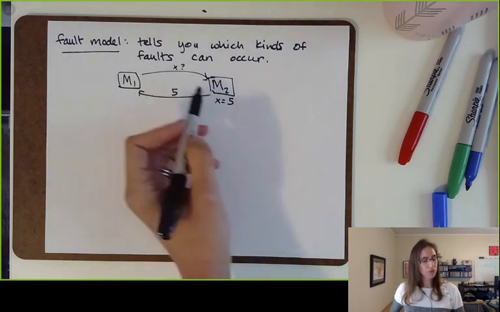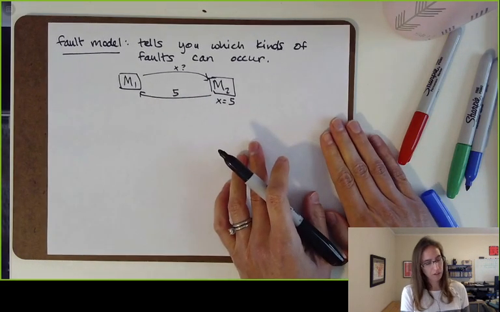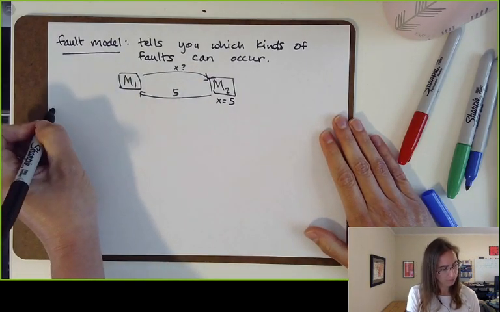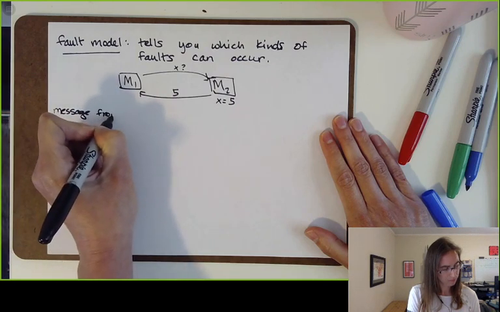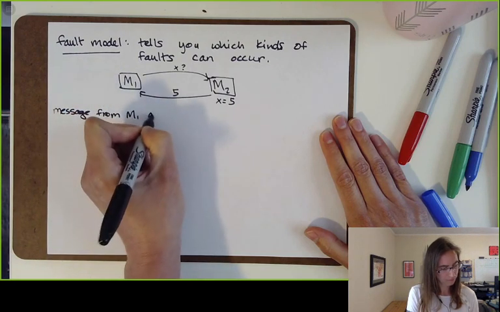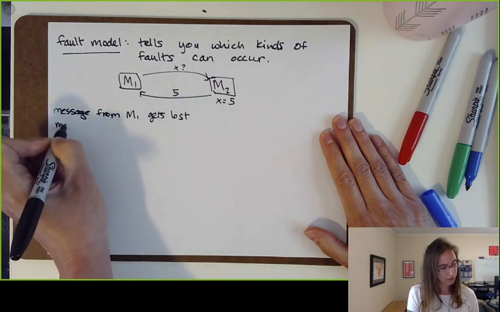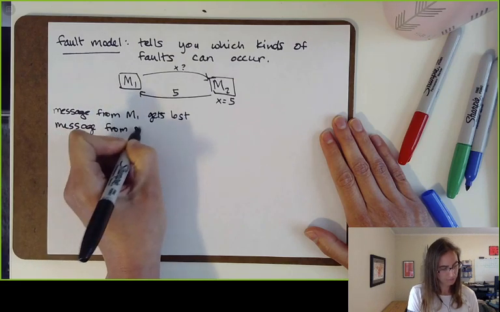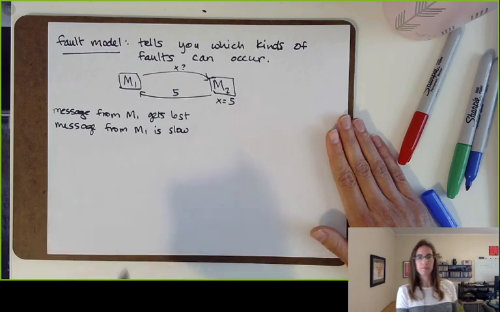Okay, the message was never received. Why? It could get lost in the network. It could be slow. What else?